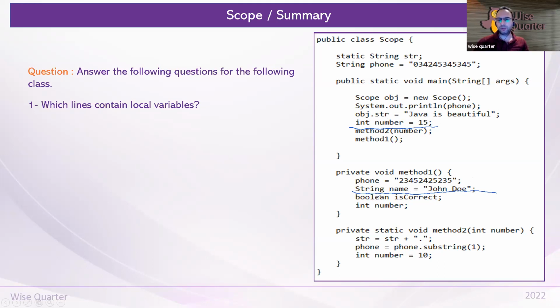What about this one? William is correct. It has a data type and a name, but it doesn't have any value. We haven't assigned any value to it, but we have created another local variable here. Integer and number. It is the same. Data type and variable name. No assigned value, but still it is a local variable.